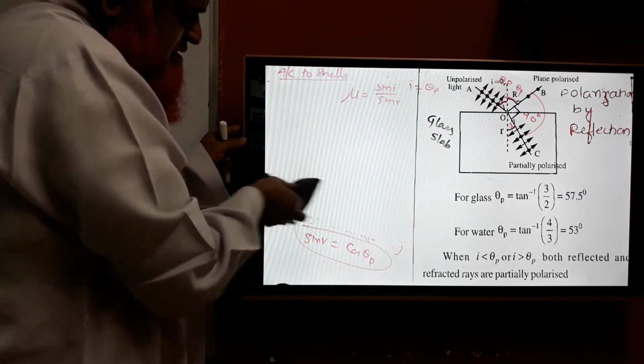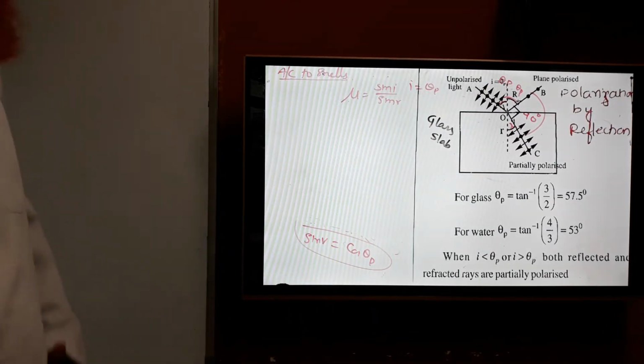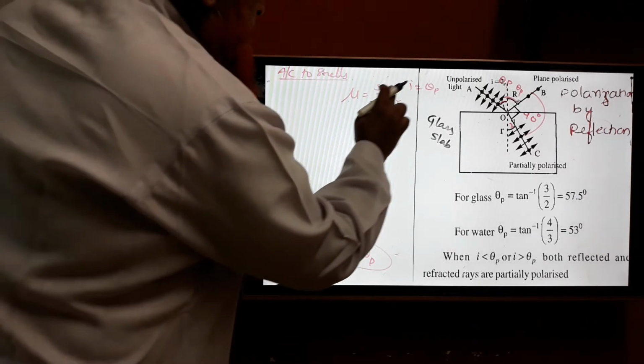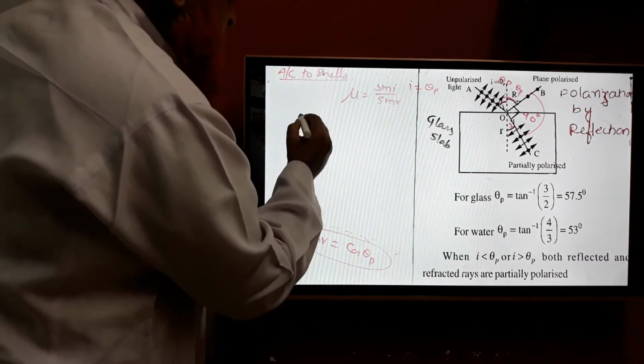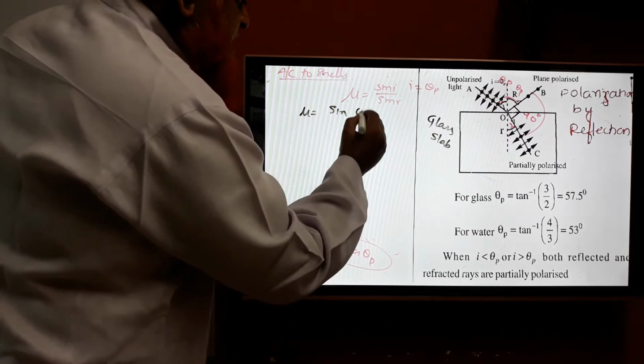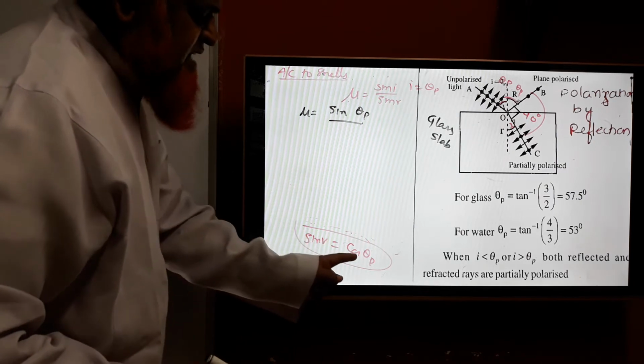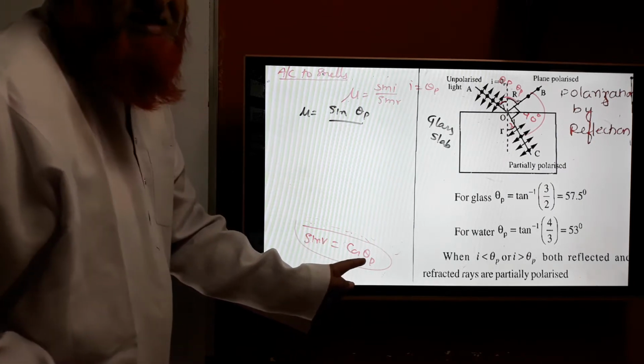And now let us discuss the remaining process here. You will observe that mu is equal to sin i by sin r according to Snell's law. Therefore, mu can be written as sin theta p, and from this derivation sin r I am writing as cos theta p.